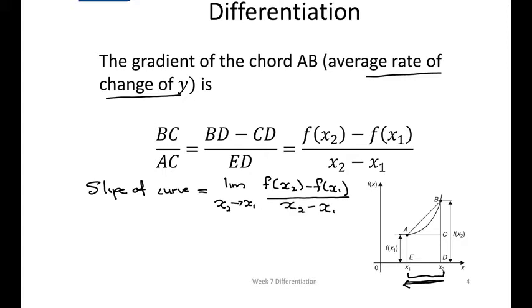So then we find that we've got the slope of the tangent to the curve rather than the slope of a chord, which is what we've got in the diagram here.